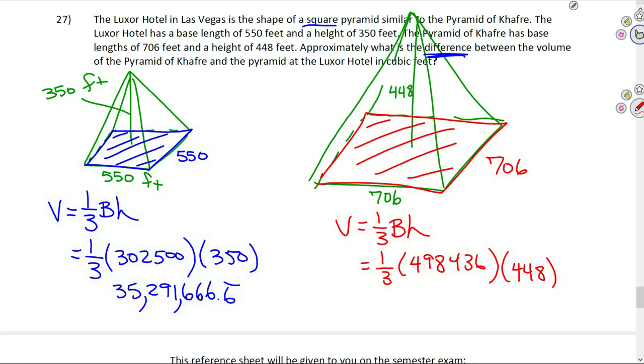So if I multiply 1/3 times 498,436 times 448, then I get this big number, which is 74,433,109.3 repeating.